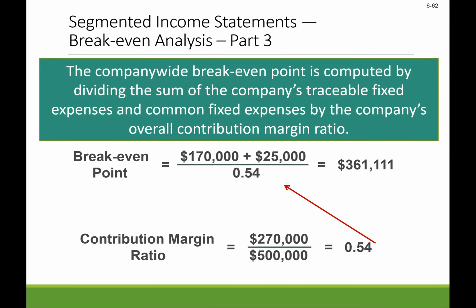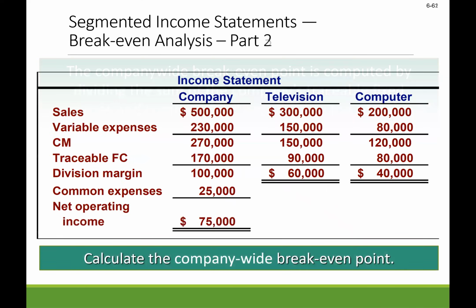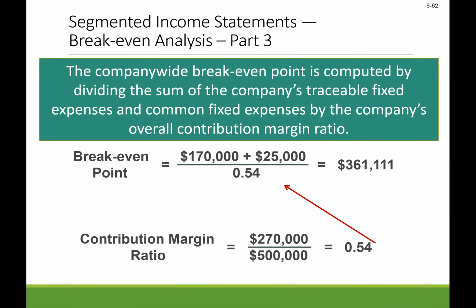So if you take the 170,000 plus the 25,000, divide that by the contribution margin ratio, 270 divided by 500, you come up with 0.54.